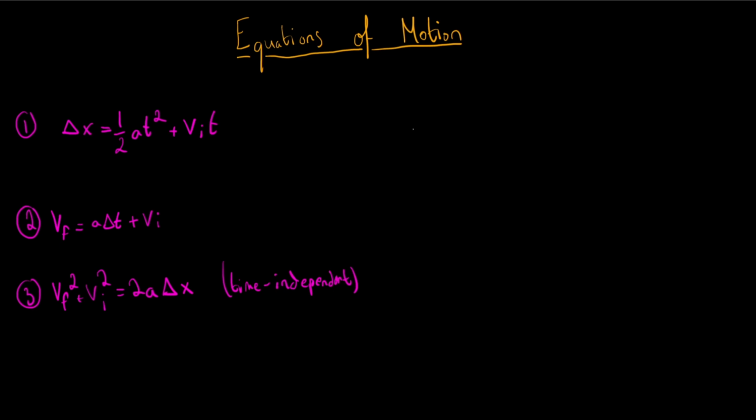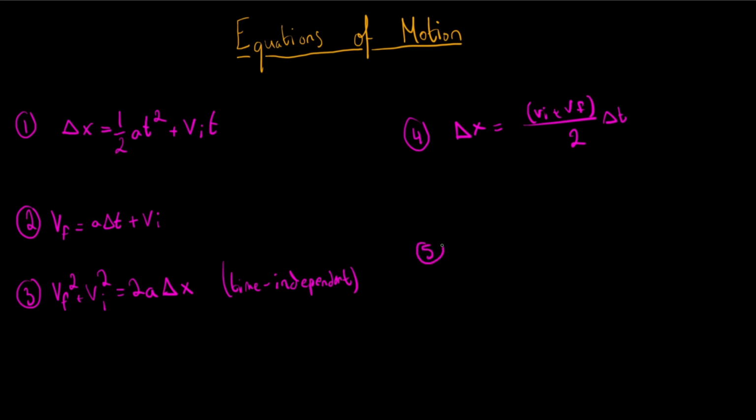Next, we have the equation delta x equals v initial plus v final over 2, multiplied by delta t. We use this one when the acceleration is not given. As you can see, there's no a in the equation. So if you want to find givens without a, we can use this equation.